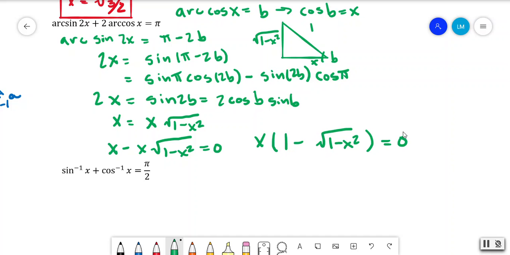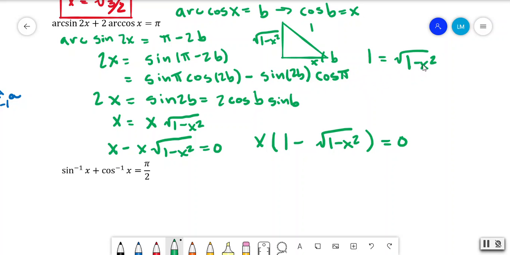Now, from here, it appears that we have possibly multiple solutions, because we know that x equals 0, but let's come back to that. So 1 equals the square root of 1 minus x squared.